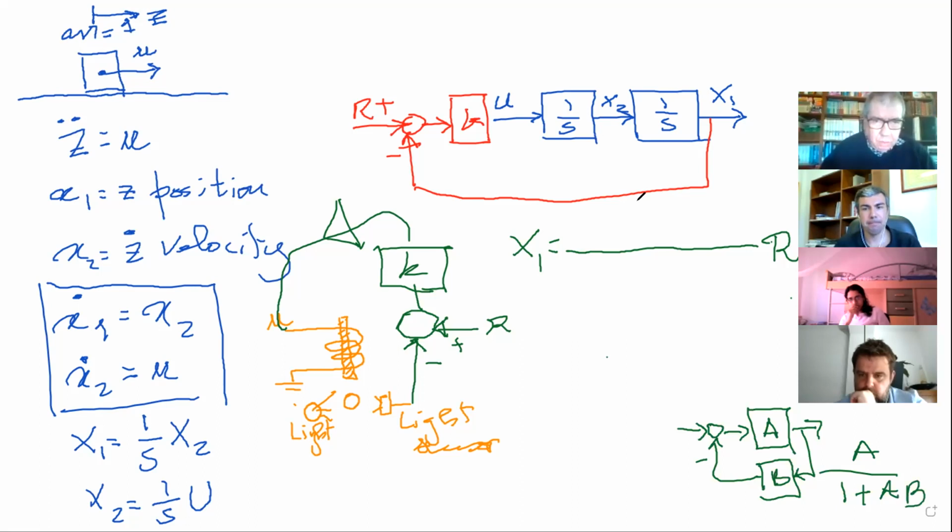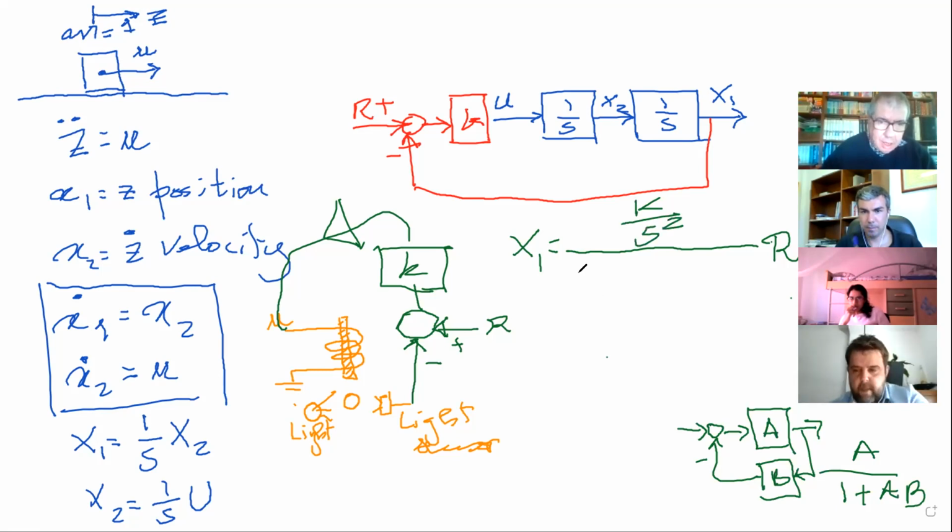So here, what shall I place on the top? Okay, K. And then what is A in this case? K divided by s square. K divided by s square.